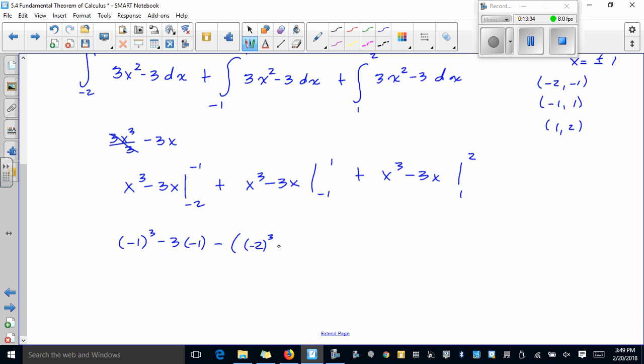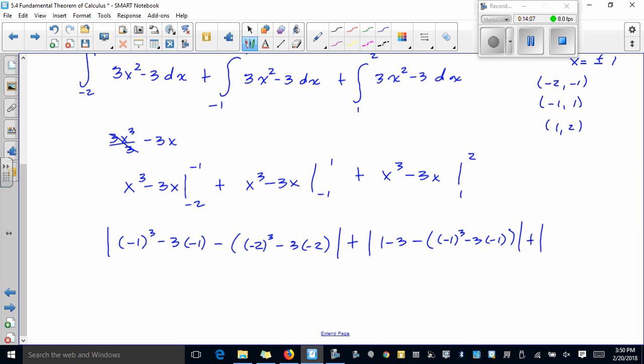Minus, parentheses, negative 1 cubed minus 3 times negative 1, absolute value symbol, plus, and then the last one. 2 cubed minus 3 times 2 minus, and then plug in 1, you get 1 minus 3. Absolute value.